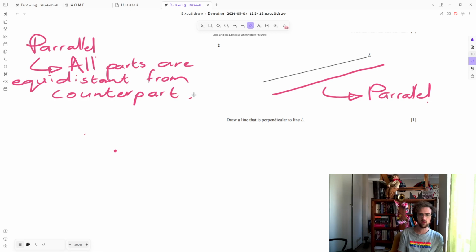So if this were parallel, then this would be equidistant from that.